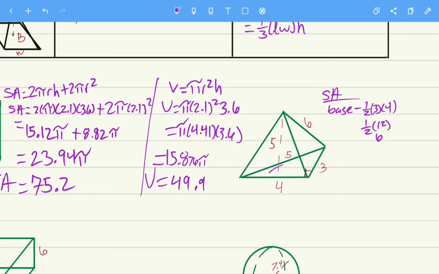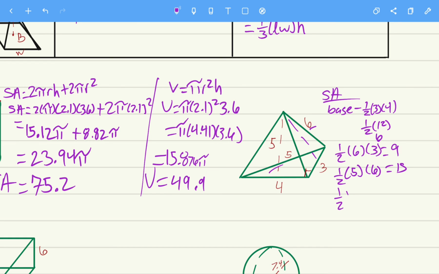And now all the other sides, we have our slant is 6 and our length is 3. So we are going to do 1/2 times 6 times 3, which gives us 9. Do this back side here, we get 1/2 times 5 times 6, which gives us 15.